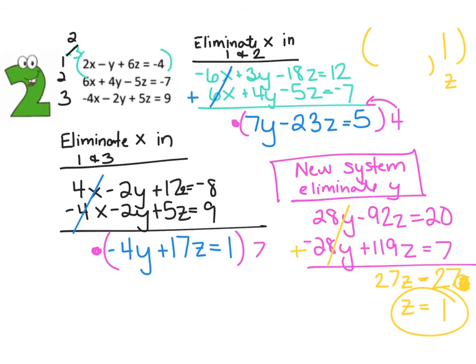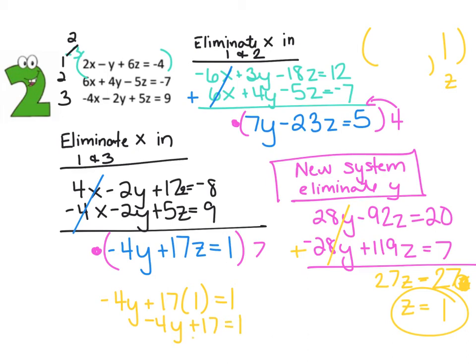And now I just kind of work backwards. You're going to plug this in to a previous equation. So I'm just going to use this equation here, which would be -4y plus 17 times 1 equals 1. So I'd have -4y plus 17 equals 1.